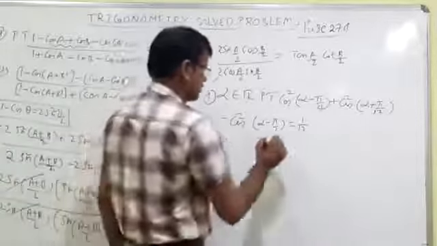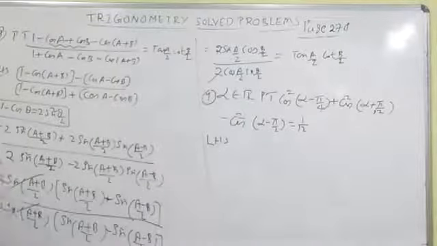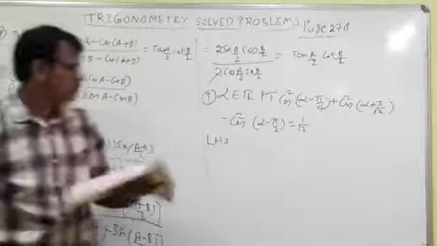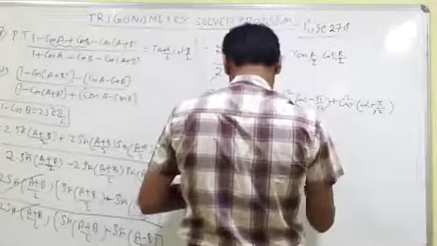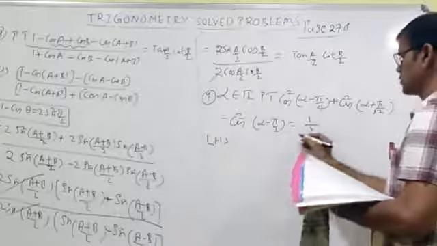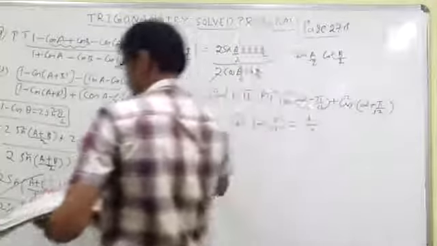It is right side 1 by 2 only. Cos square of (alpha plus pi by 12) minus cos square of (alpha minus pi by 12). It's okay. Now it's okay.